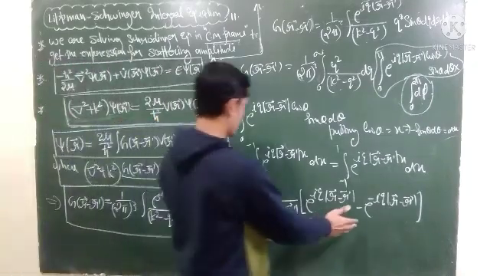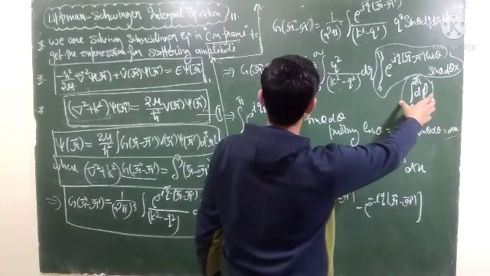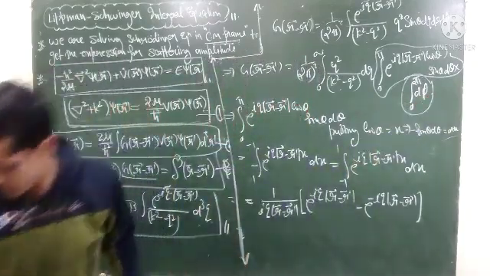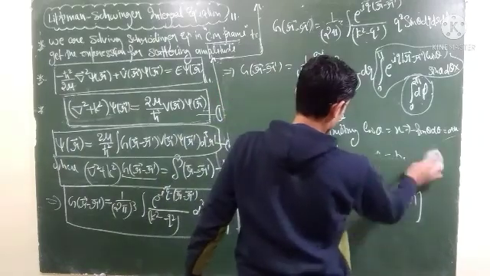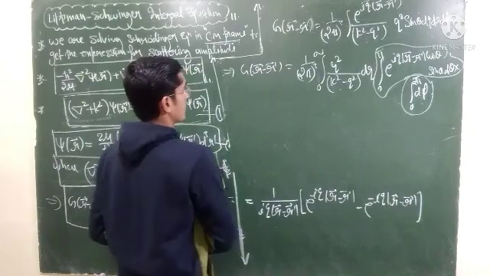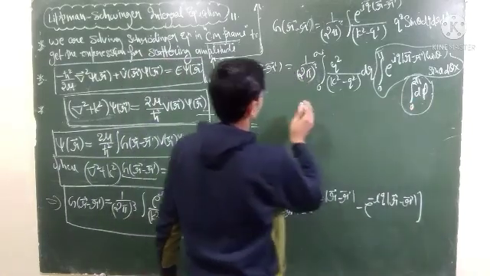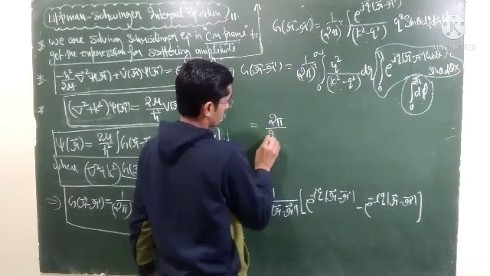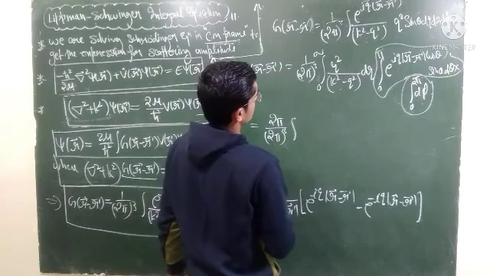Now you just have to put this particular value at this place and put 2 pi for this particular expression. So it will be 2 pi from there, right? So it will be 2 pi over 2 pi cube integration.